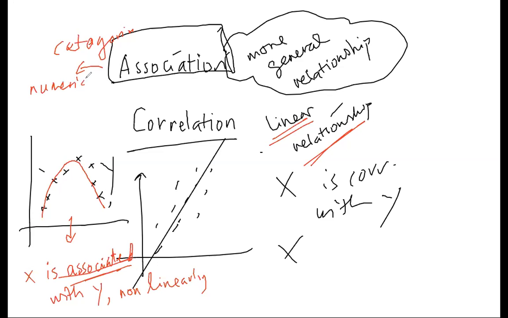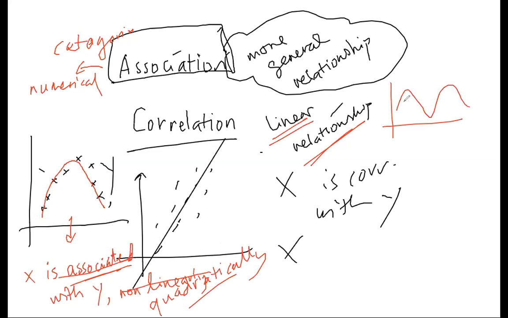Like for example, if you do a scatter plot and you find that the pattern is like this, then you would say that X is associated with Y. Maybe you want to be more specific, like quadratically. Sometimes the association will go like this, then you will say X and Y are associated, maybe periodically.